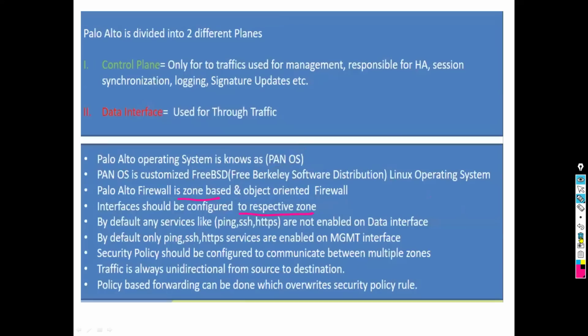By default, services like ping, SSH, and HTTPS are not enabled on data interfaces. Here we have a Palo Alto firewall device. These are data interfaces, and we have a management port.